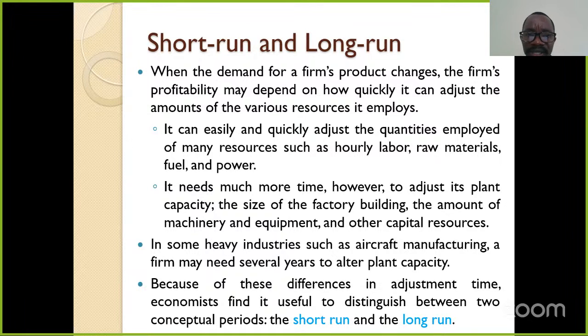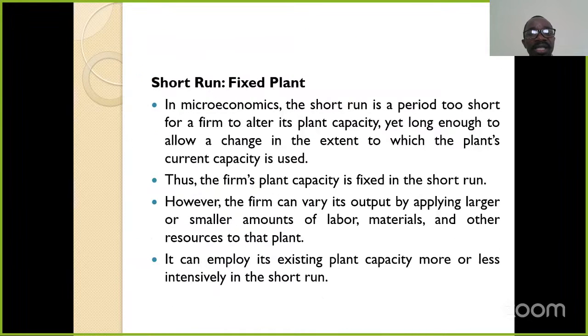So what we are trying to say is that in short run, we have a fixed plant. The period is too short for the firm to alter its plant capacity, but it is long enough to allow the change in the extent to which the plant's current capacity is used.